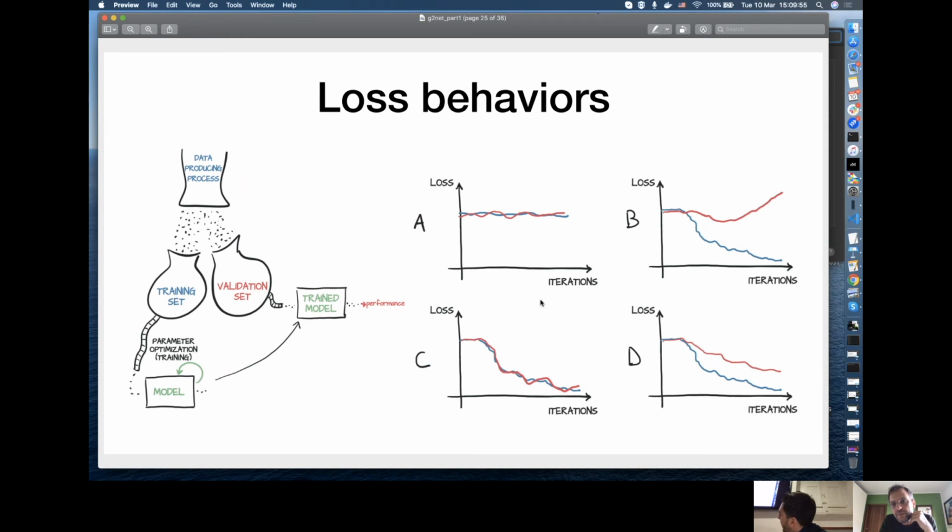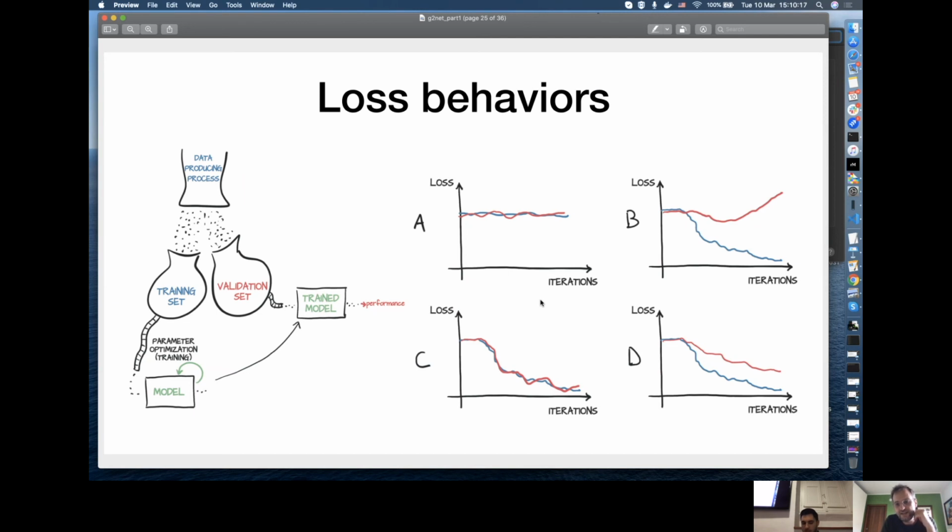So could you explain again the differences between C and D, please? The losses there? Yeah, I actually didn't go into details. So C is a situation in which the performance in your training set and the validation set are completely overlapping.